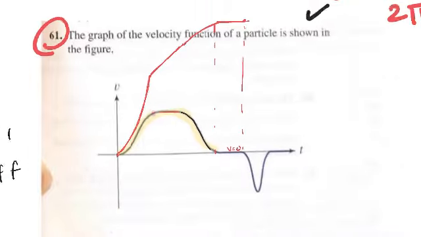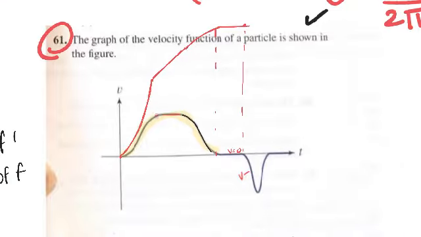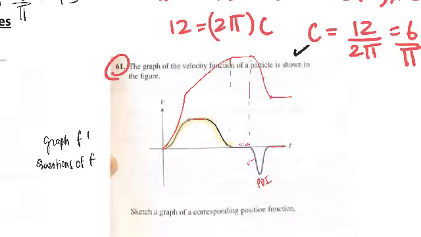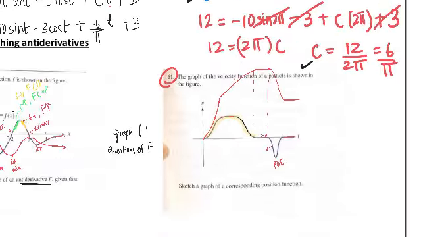I'm not lining these up perfectly. And then after that, velocity is negative, so position must be decreasing. And then you reach a point of inflection here, and then the curvature is changing. And then over here, velocity is 0, so position is not changing. So something like that would be the position function for this graph, okay?